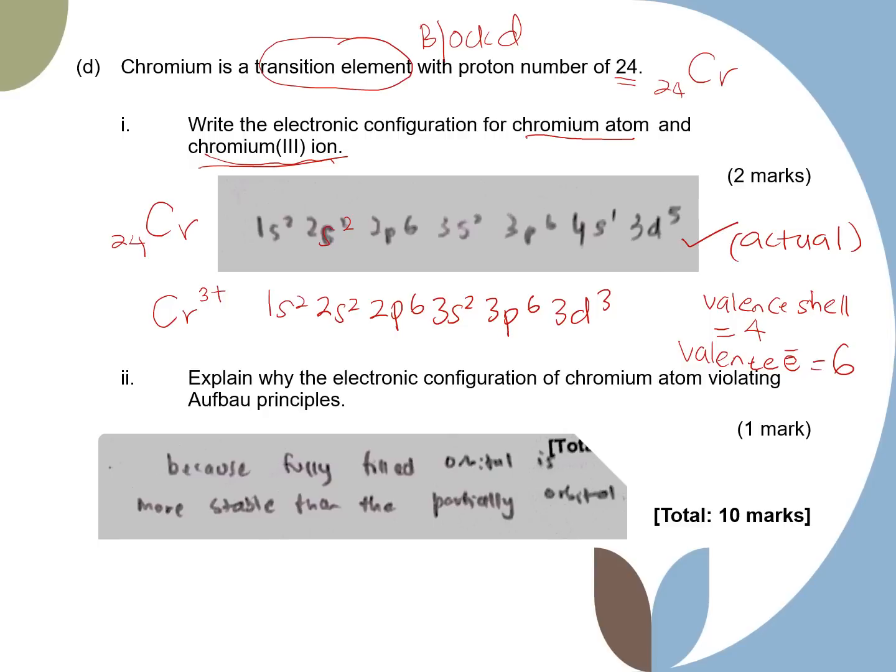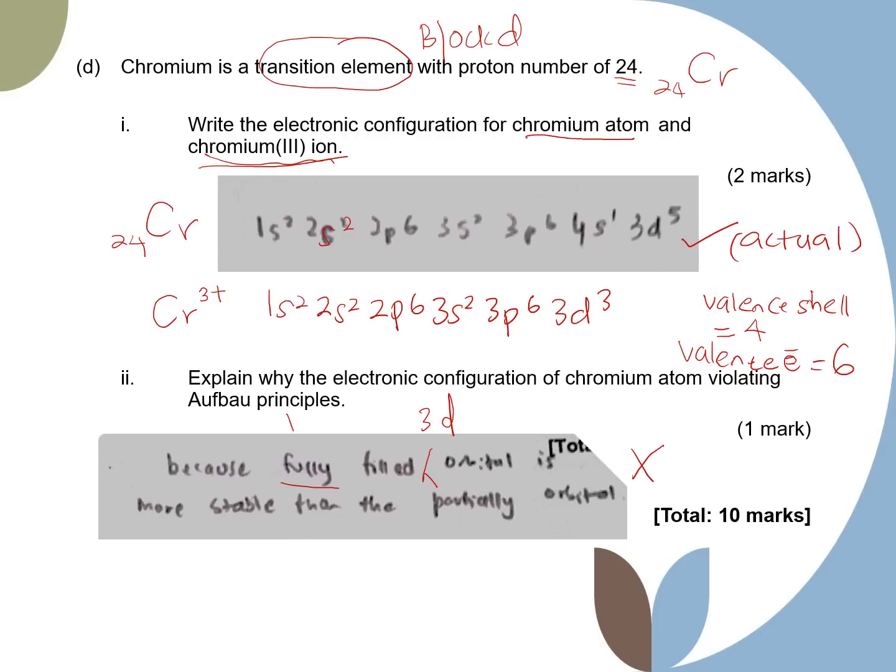Next, explain why the electronic configuration of the chromium atom violates the Aufbau principle. The correct answer is because of the fully filled 3d orbital. Actually, this is not fully filled, so that is wrong.